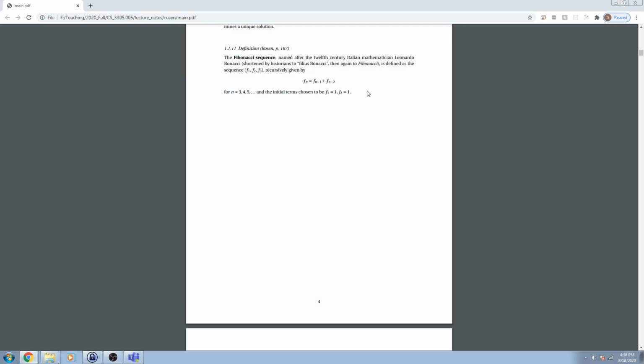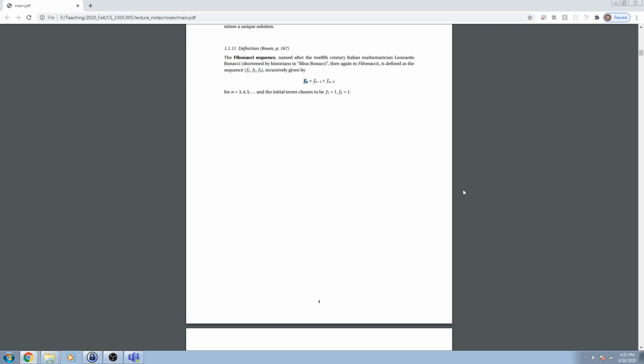There was a mathematician who was trying to count the growth of population of rabbits on a particular island, and he found that it took 2 months for a newborn rabbit to become breeding age, and so that is what this n-2 represents. And so it's the number of breeding rabbits from 2 months prior, plus the number of all rabbits from the previous month, and then that will tell you how many rabbits you can expect to be breeding or to be alive at this point, right?